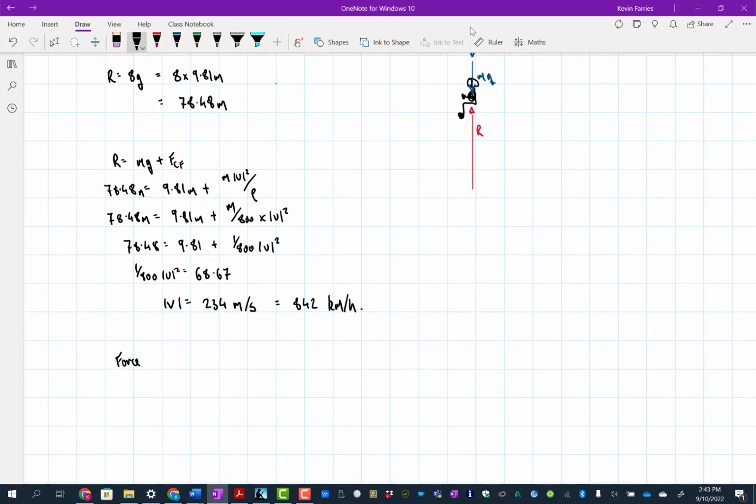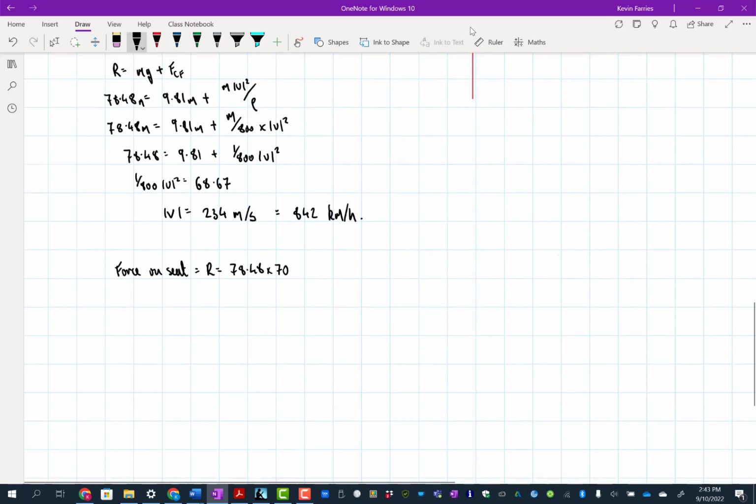So the force on the seat, or the magnitude of it anyway, is just equal to R, which is equal to 78.48 times the mass of the person. I think they were 70 kilos, which is correct.